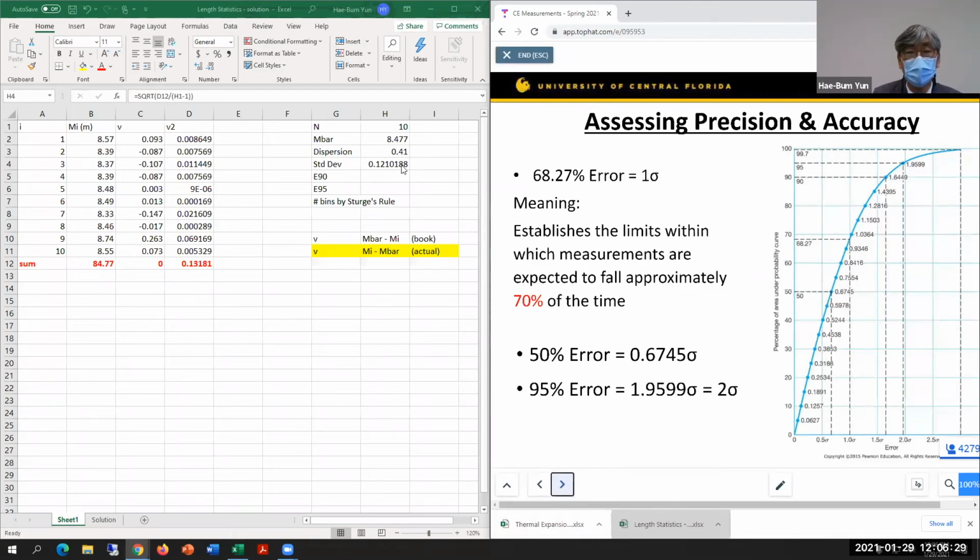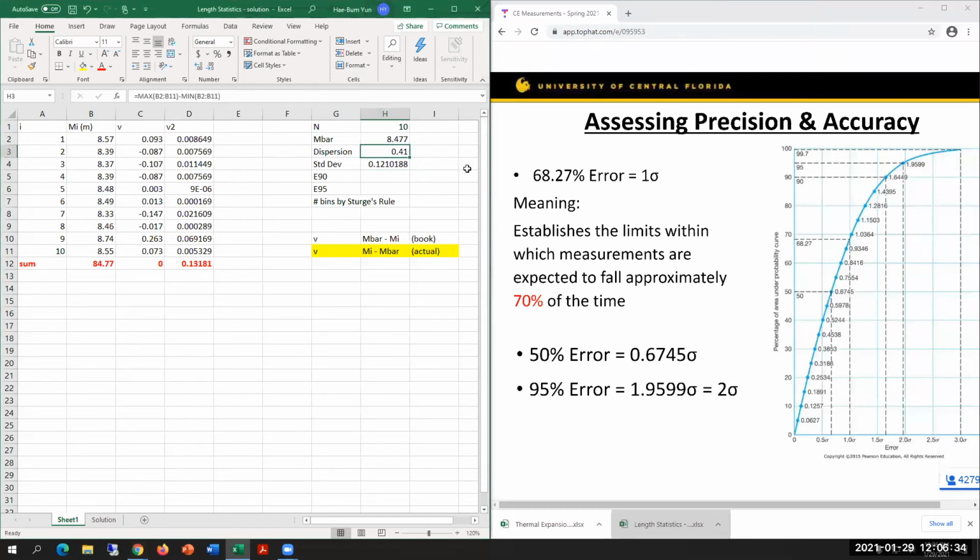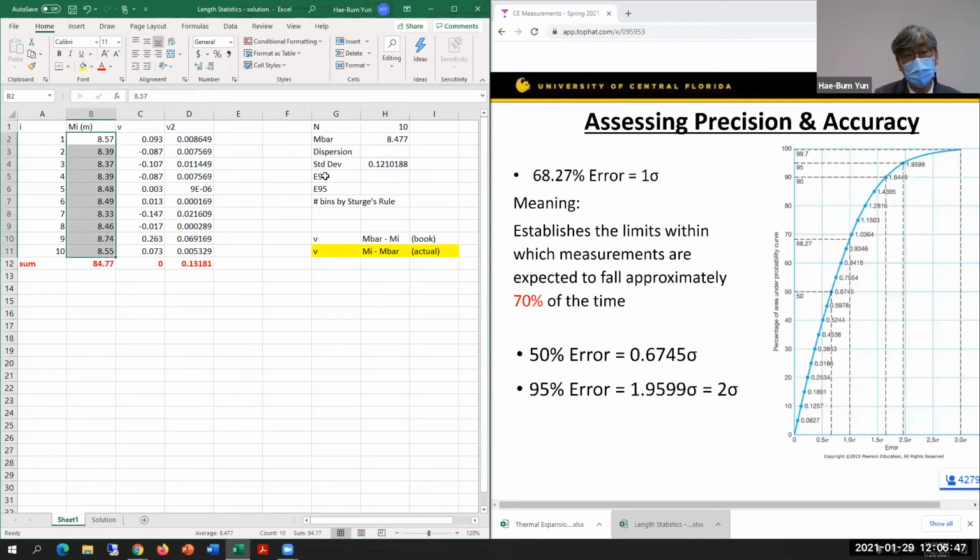Okay, so then dispersion can be, okay, I will erase and then do it again. So dispersion is the maximum observed value minus the minimum observed value, right? And this column is the observed value.